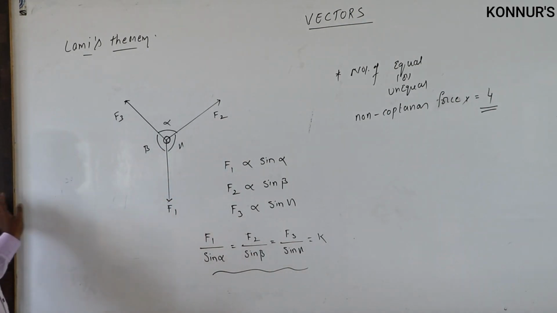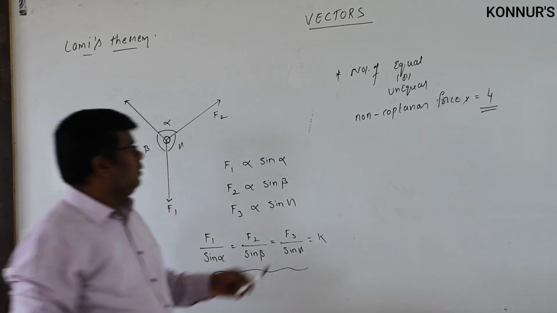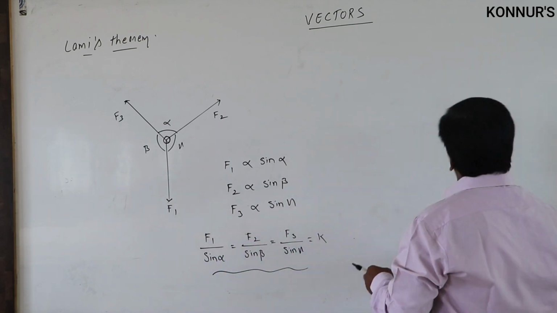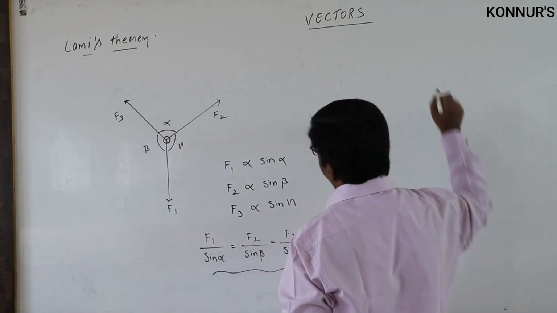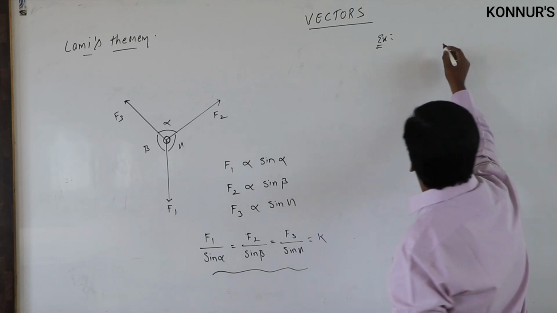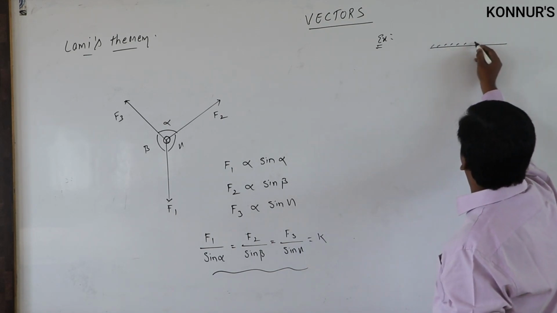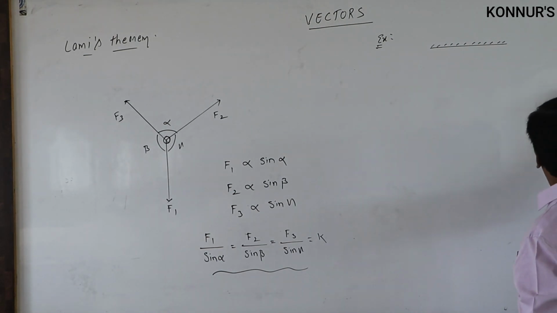Let us see one example, so you can understand how to solve for the unknown force if two forces are given to you. See, we are taking one rigid support here horizontally, and here vertically we are taking another rigid support.